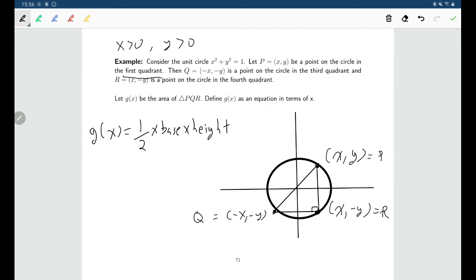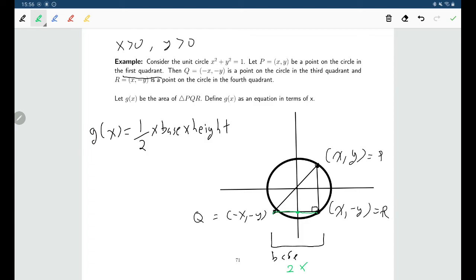So if we're thinking about this triangle, the base is the distance from Q to R. Kind of similar to the previous one, it's x units from the center to R, and x units from the center to Q, so the base is 2x units.